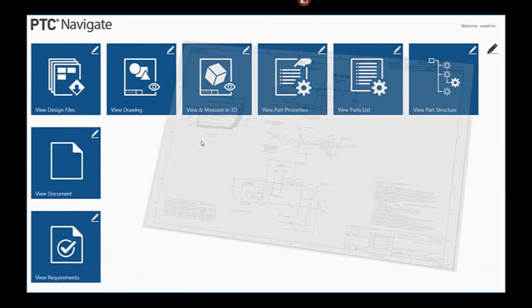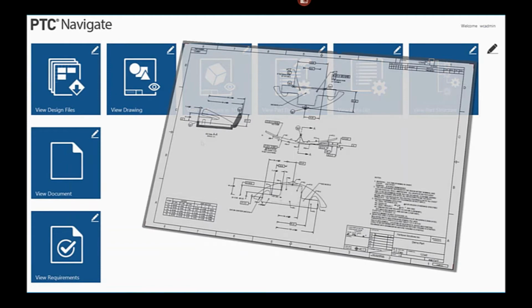And you can decide how you make these apps available. So you might include, for somebody in manufacturing, a shortcut to just one or two of these apps that might be on a desktop, like View Drawing or View Parts List. And with one click, you either search on a part number or a keyword to bring up a drawing.